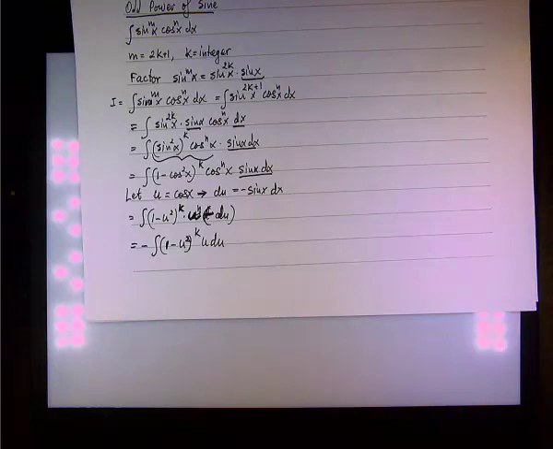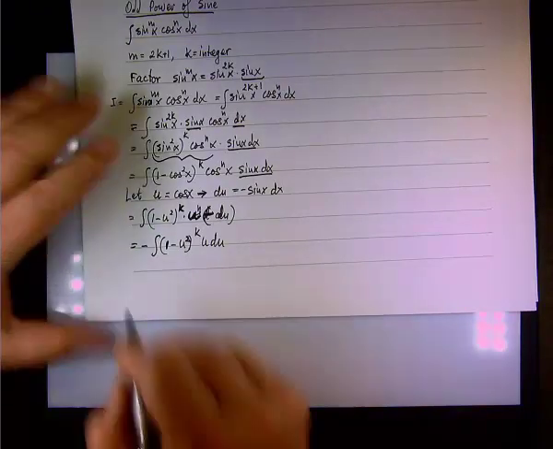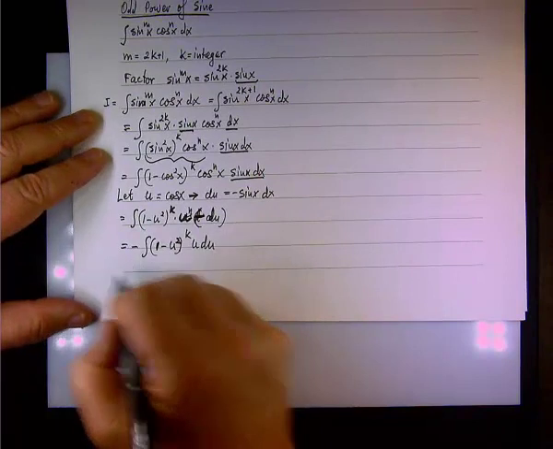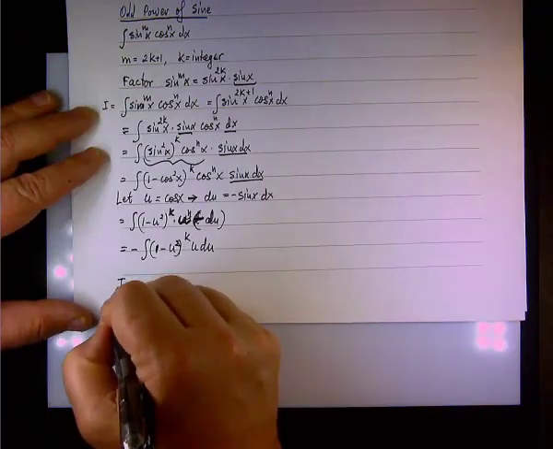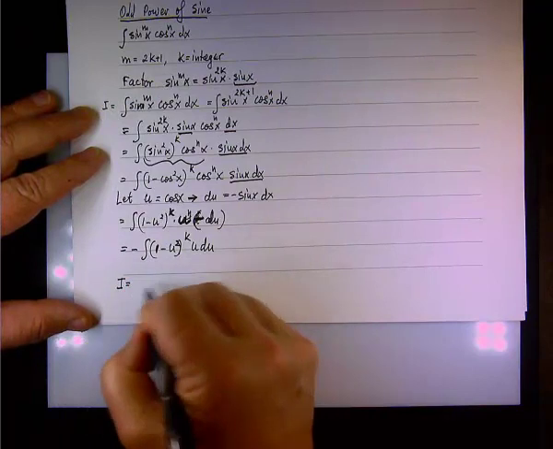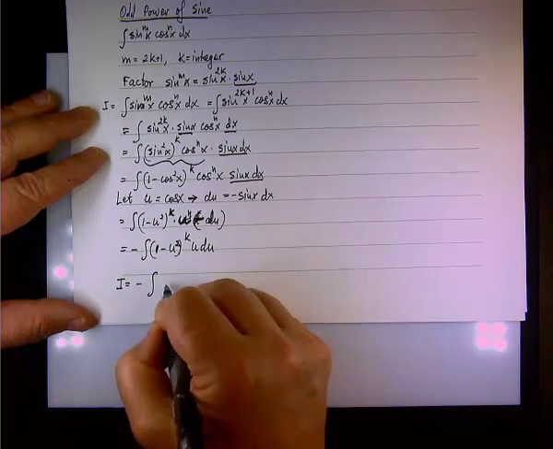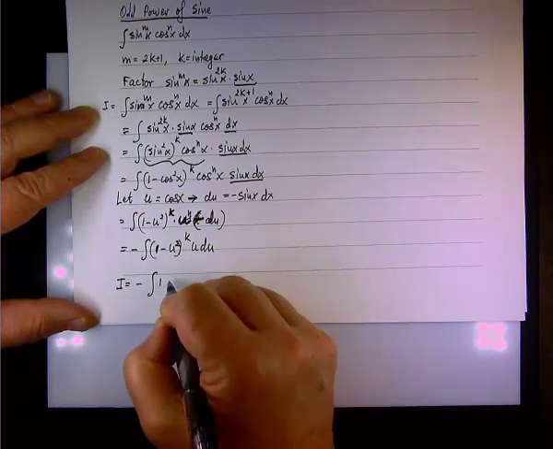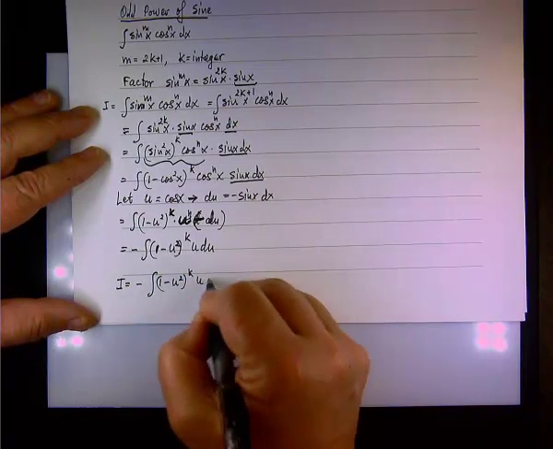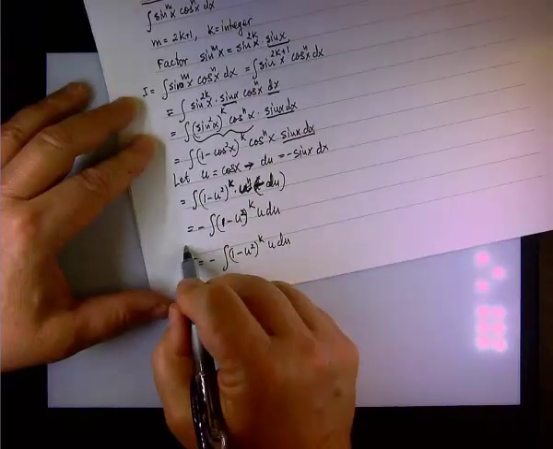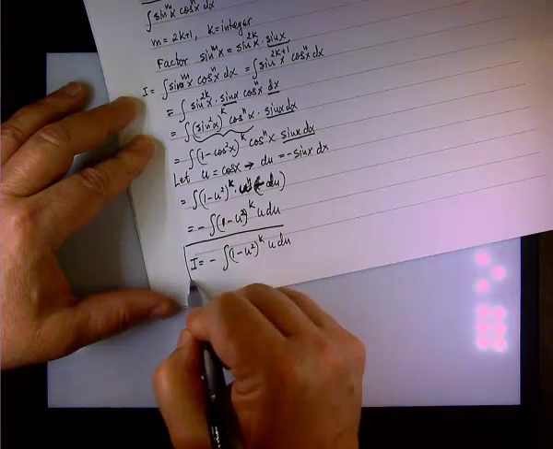So what is the formula for the formula lovers? If you have this kind of arrangement, then the result will be the negative integral.